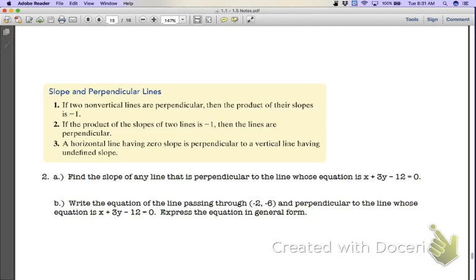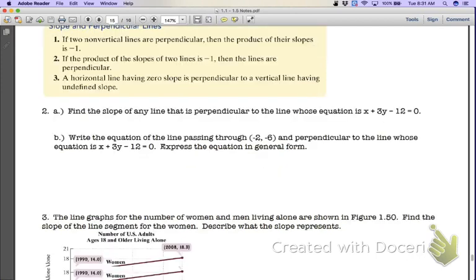I can't have two positives, I can't have two negatives, and the fractions need to be reciprocals of one another. If you have a horizontal line and a vertical line, they are always perpendicular. A zero slope and an undefined slope are always going to be perpendicular to one another. That just should be fairly common sense.